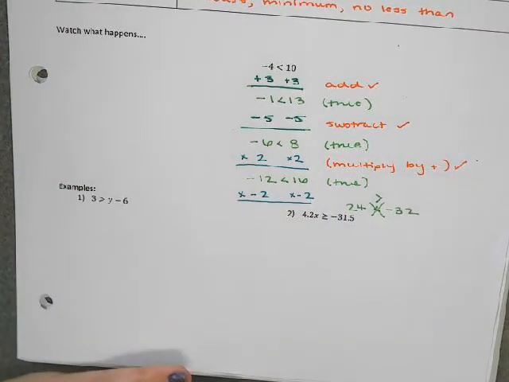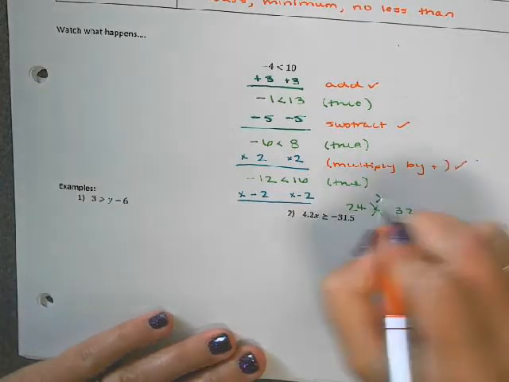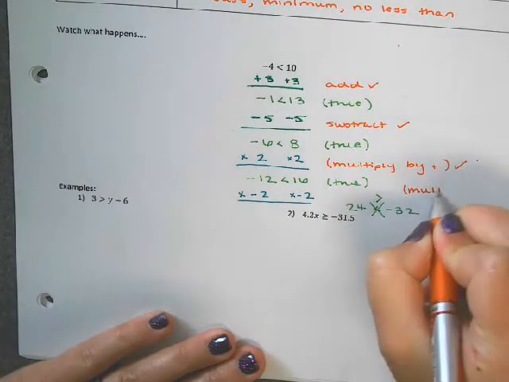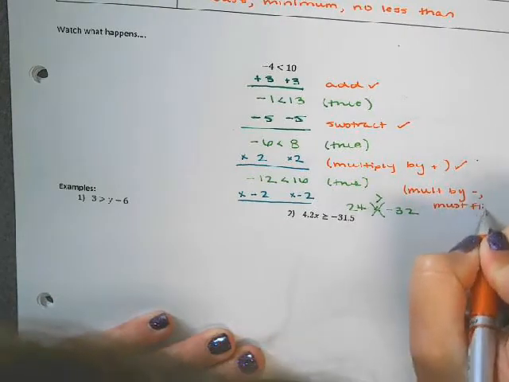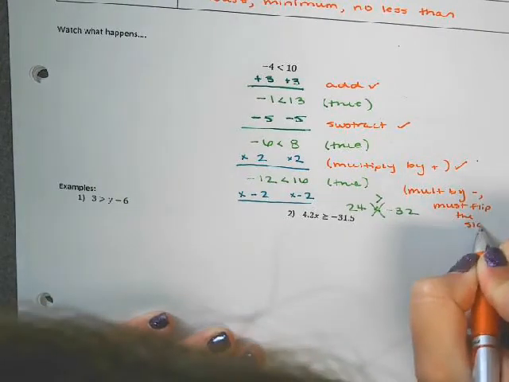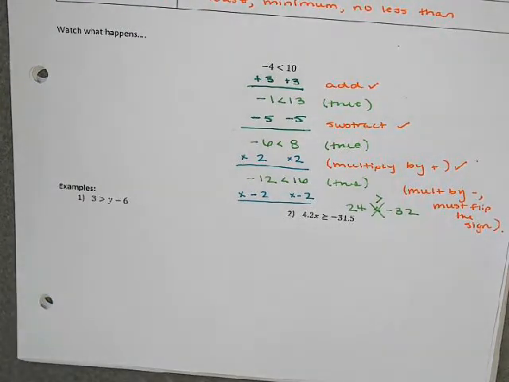Okay? So that means when you multiply by a negative number, you must flip the sign. Now the reason is because on the number line, as soon as you multiply by a negative number, our sign changes.